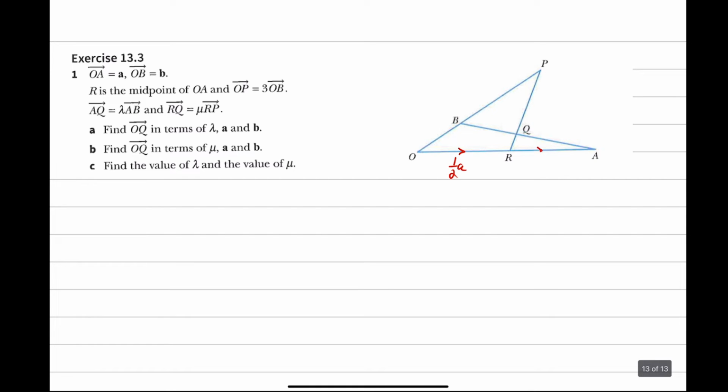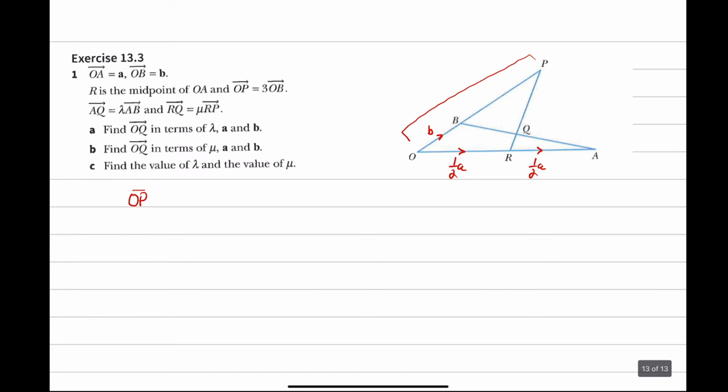That's correct, A upon 2 or half A. Perfect. Now, as far as vector OB is concerned, that's B, not according to me, according to the question. And as far as vector OP is concerned, again, not according to me, but according to the question, how much is vector OP, considering that it says OP is 3 times of OB?